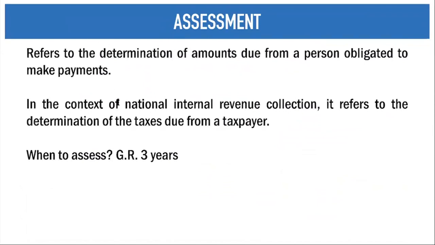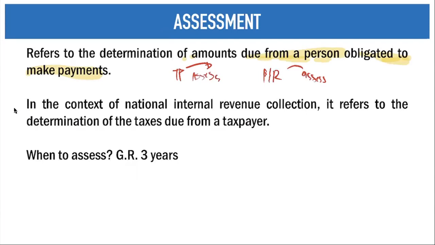So under assessment, it refers to the determination of amounts due from a person obliged to make payments. As we said, instead that the taxpayer is the one who will file here or who will assess itself, it is now the BIR who assesses the particular taxpayer.